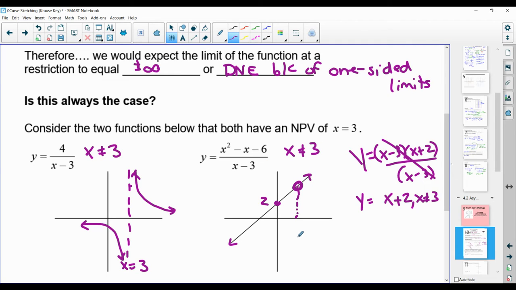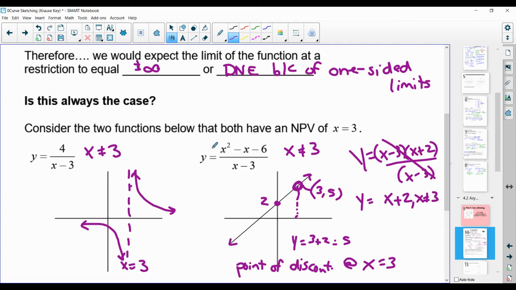And if we plug in, y equals 3 plus 2, we get 5. So this point of discontinuity happens at 3, 5. So there's no vertical asymptote, but there is a point of discontinuity at x equals 3.